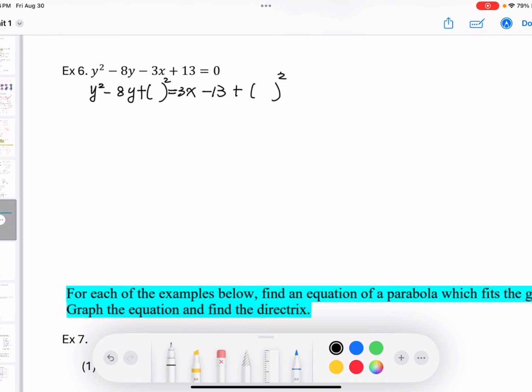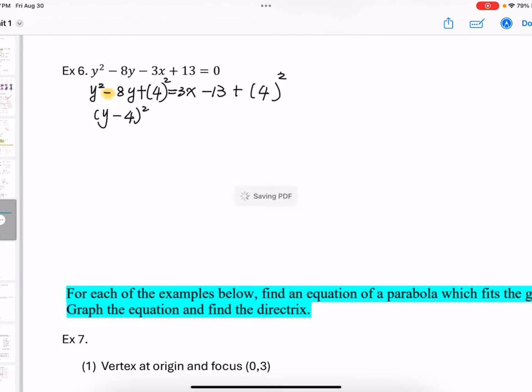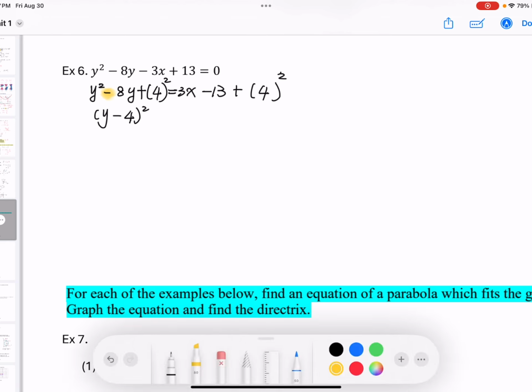Inside the parentheses, I'm using 8 divided by 2, which is 4. Then we have (y - 4)² because we're having a minus sign here. The perfect square trinomial, the second term is negative, so we have (a - b)². On the other side of the equation, we have 3x - 13 + 16.